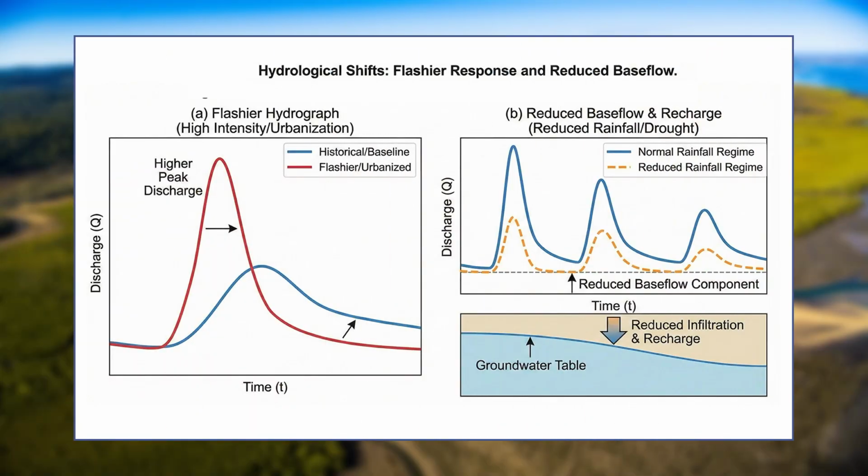Some rivers are showing flashier hydrographs with higher peak discharges. The reduced rainfall also impacts infiltration and has reduced groundwater recharge and base flow component of the hydrographs.